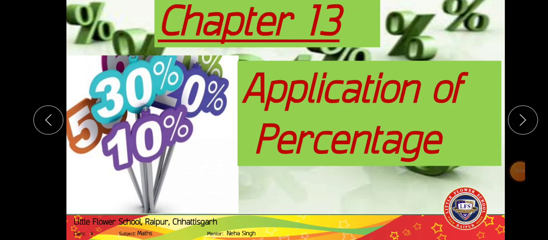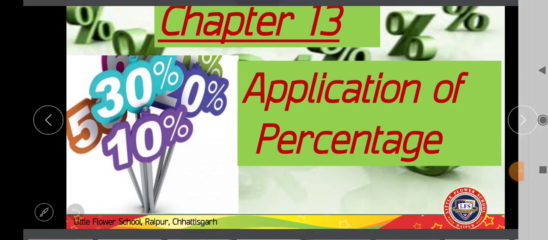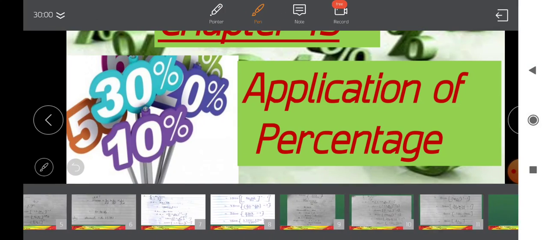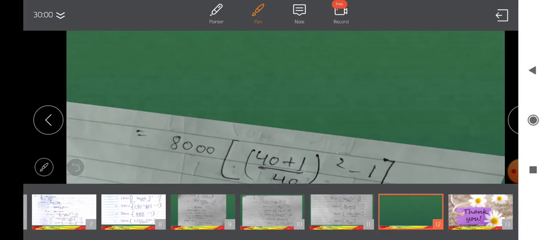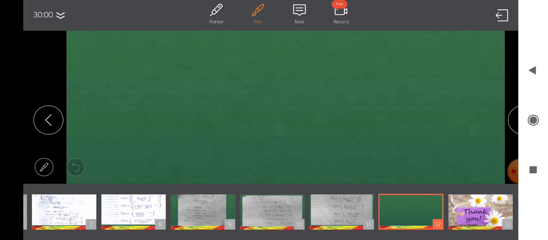So the formula for compound interest is almost the same. What difference there will be is, earlier we were using the formula of compound interest. Before starting with the exercise, you will write this formula first, right?